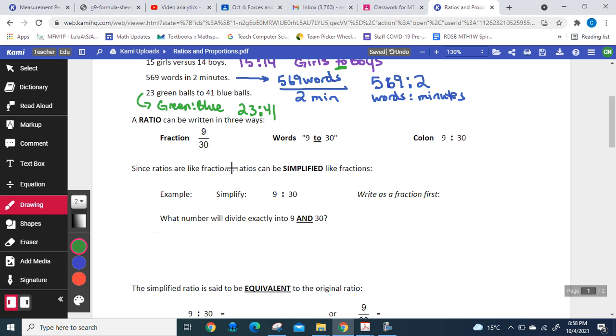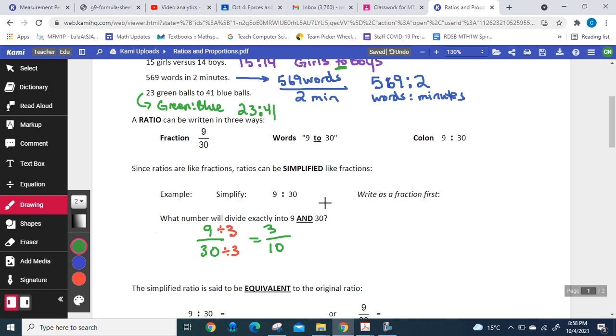Since ratios are like fractions, or they just are fractions, ratios can be simplified like fractions. So here I've got 9 to 30. You want to think about what number is going to divide evenly into both. Let's see, divide by 2, no, divide by 3. 3 could probably work. 9 divided by 3 is 3, and 30 divided by 3 is 10.